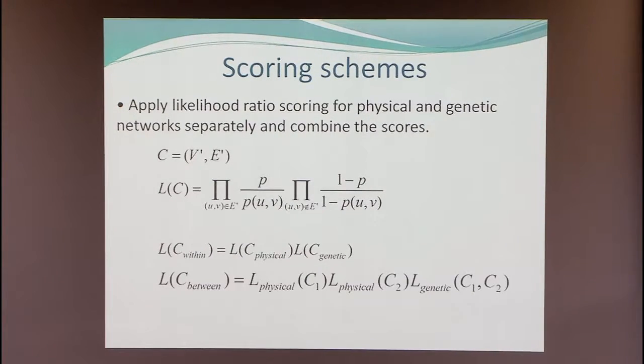While for the between pathway interpretation, you look for two subsets of proteins, each dense on the physical network, with a lot of genetic interactions between them, because if these are indeed two pathways, you expect every pair of genes in those pathways to genetically interact, because all these interactions eliminate both pathways.